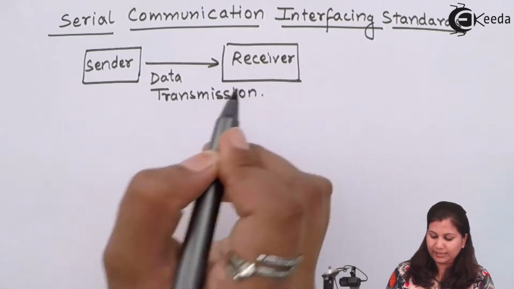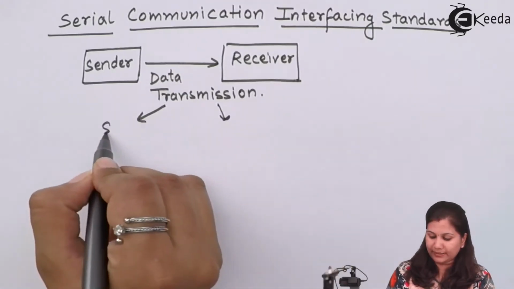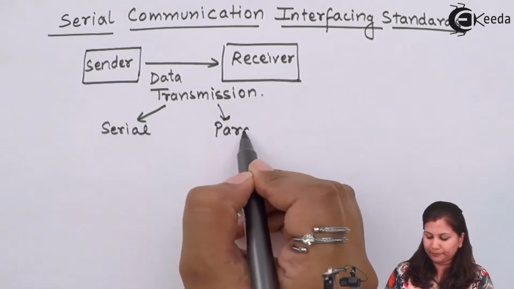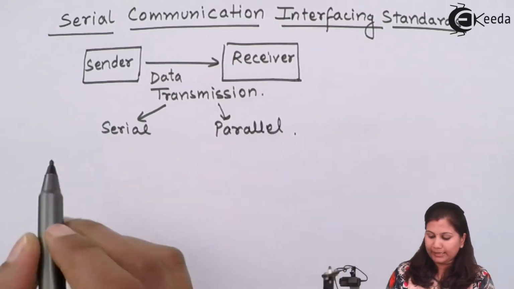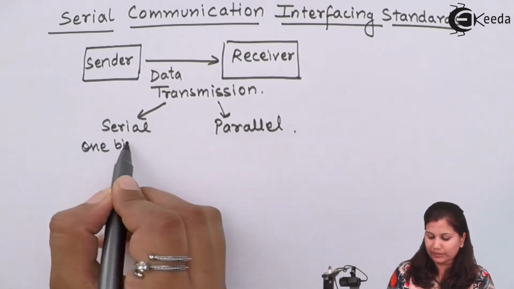So this data transmission, I have told you, can be of two types: serial or parallel. In serial data transmission, one bit is transmitted at a time.